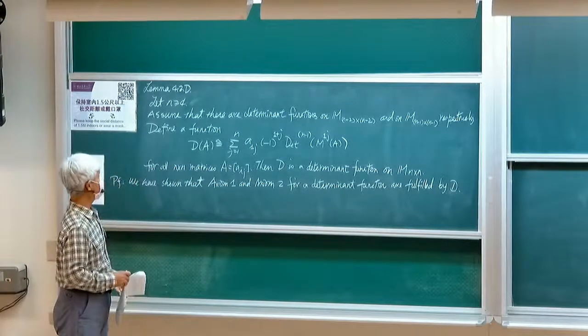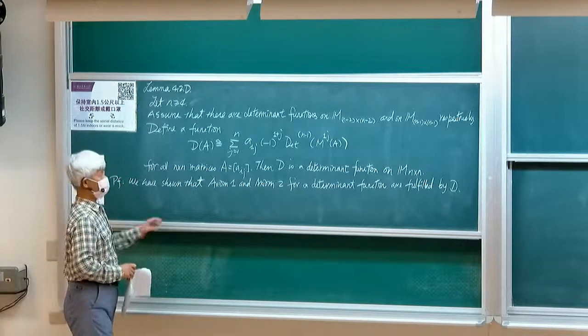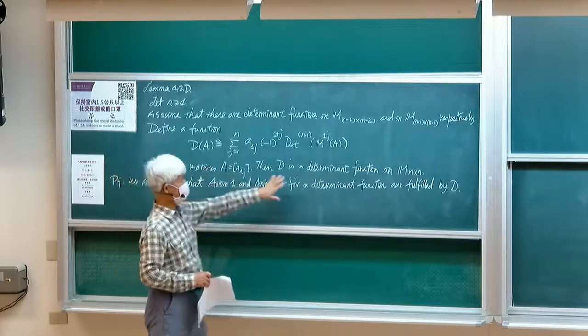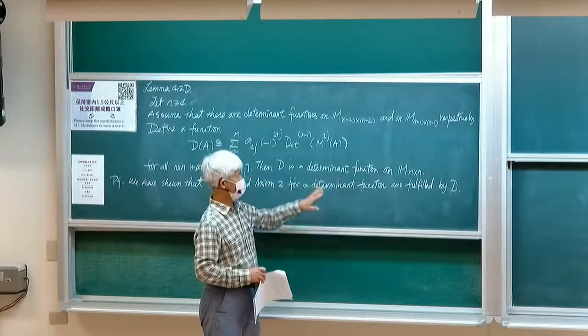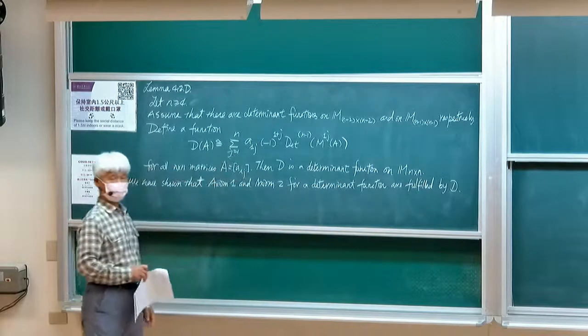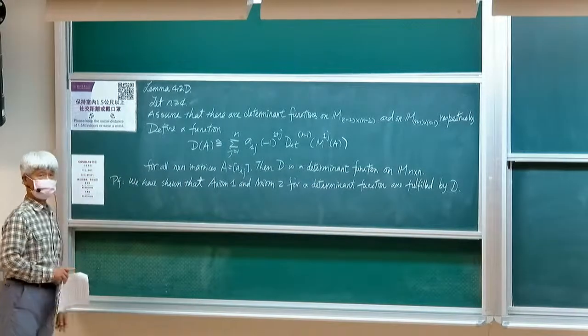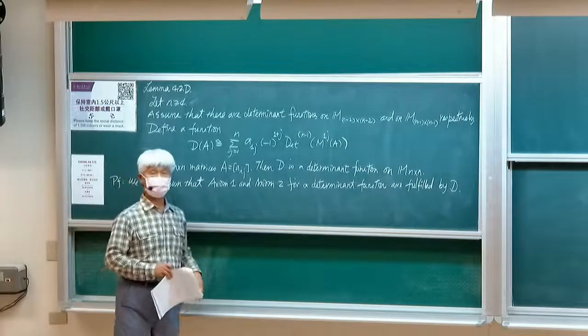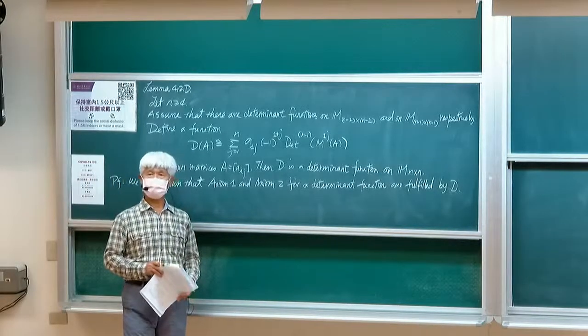So to reach our goal, to show that this function d is indeed a determinant function for all n by n matrices, we have to justify that d also fulfills the requirement of axiom number 3.